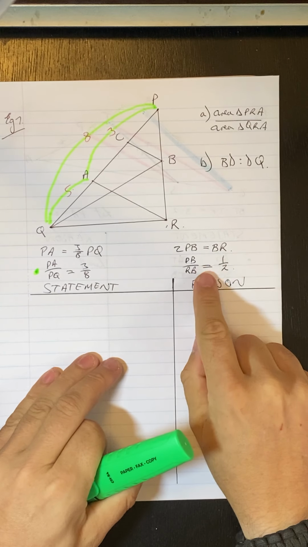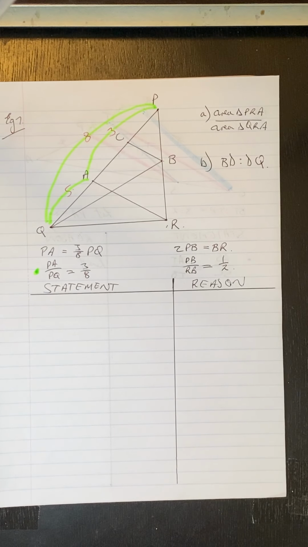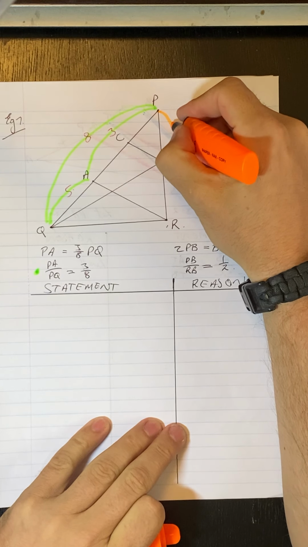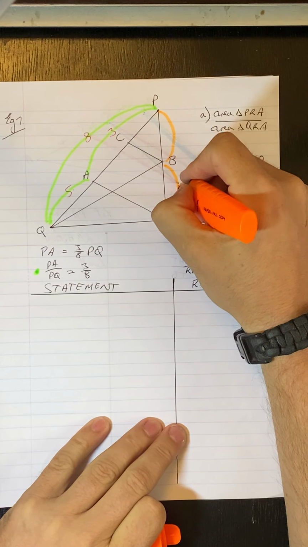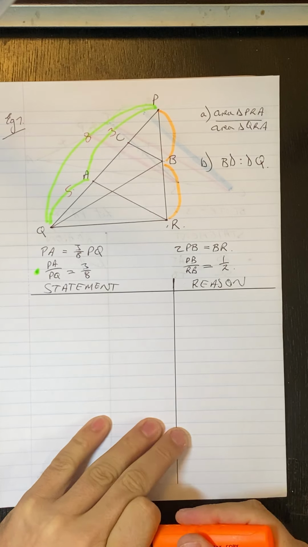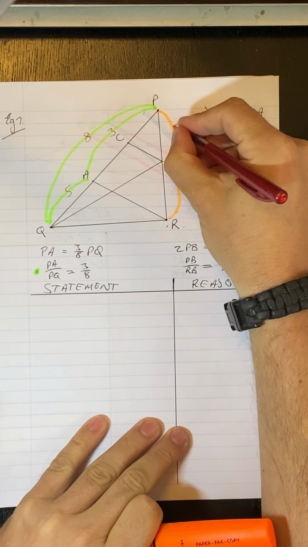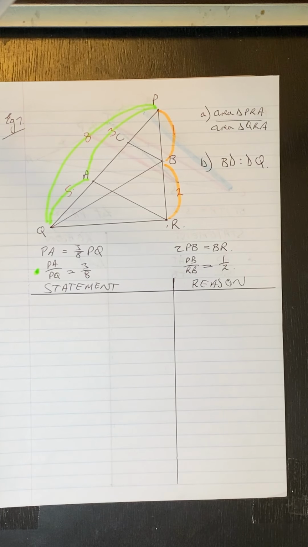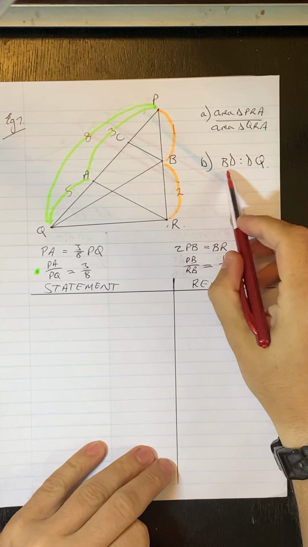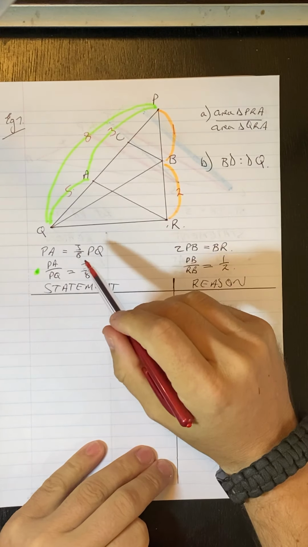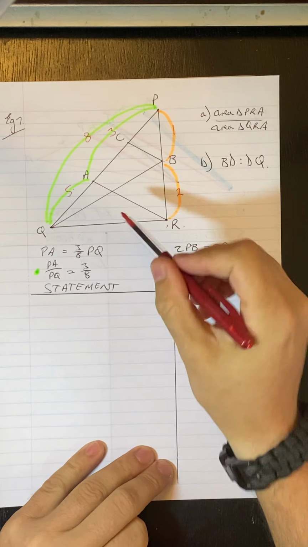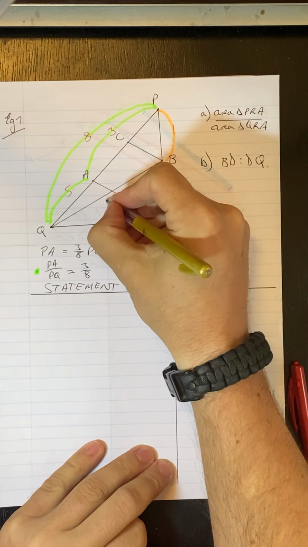Then I'm going to have a look at this one here. This one here is saying PB to RB. So we've got PB to BR is in this ratio 1 to 2. So we have 1 to 2. And if I just have a look here quickly, just to try and link this information, we're looking for BD to DQ. So this is B over here.